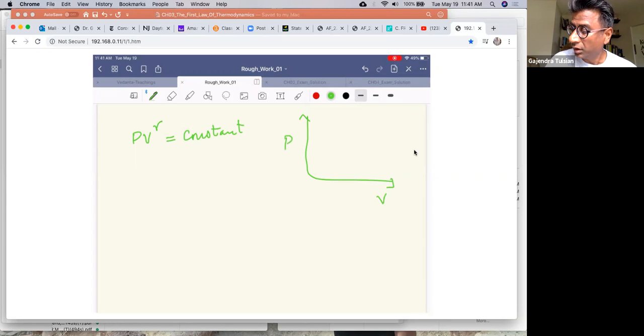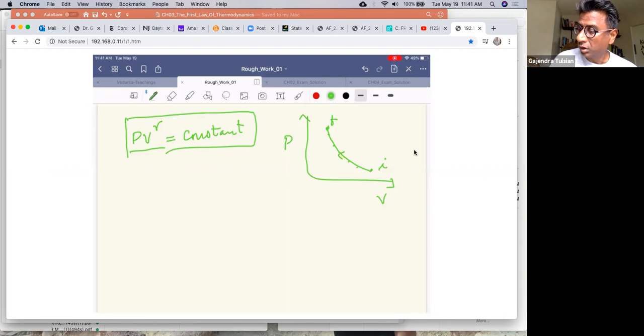If you're compressing, you're going in this direction. At every point, PV to the power of gamma is constant, all along this curve. And gamma is the ratio of molar specific heats. Okay, so we'll come to that.